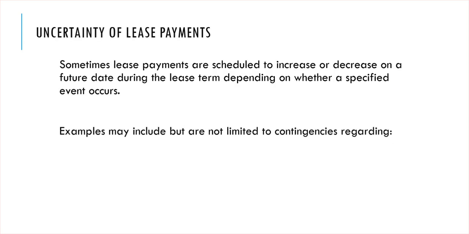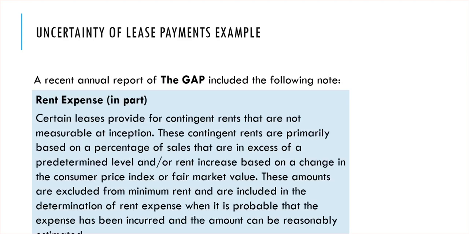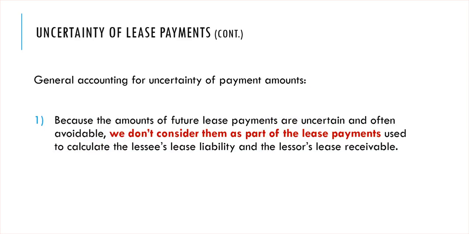Uncertainty of lease payments. There's a lot of contingencies that can be out there, and what to do if you have these. And here's an example. Mainly it's a lot of disclosure, a lot of disclosure notes associated with leases, and that's the issue.